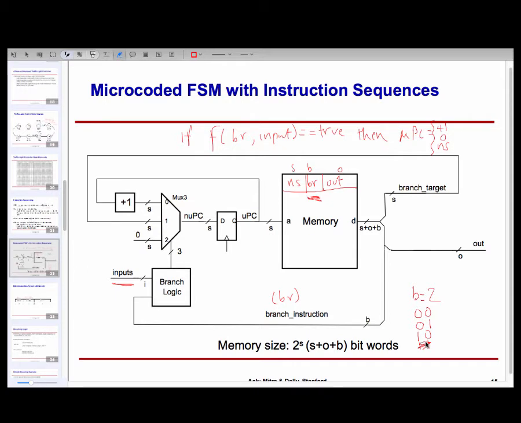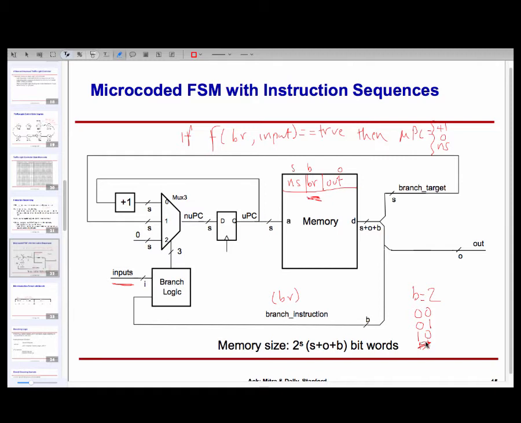So when BR is equal to 0 0, I basically say select this input, 0. When BR is 0 1, I say select 1. And when BR is 1 0, let's say I select 2. So how would I express a next state such that the microprogram counter goes to the first address of the memory, the address 0?